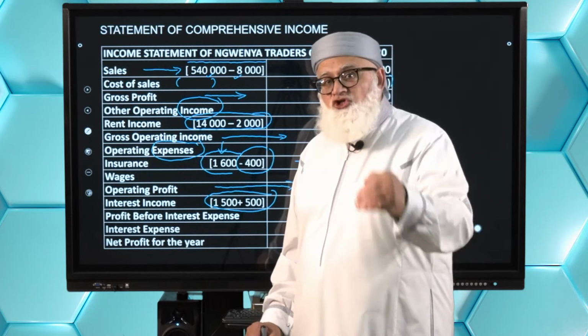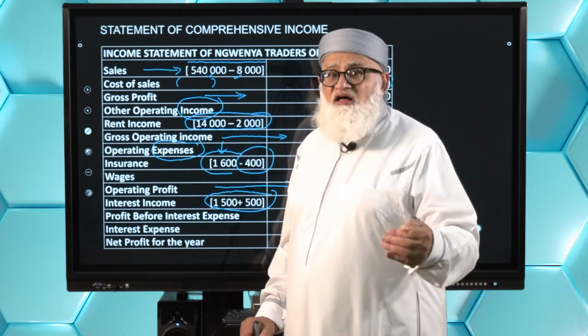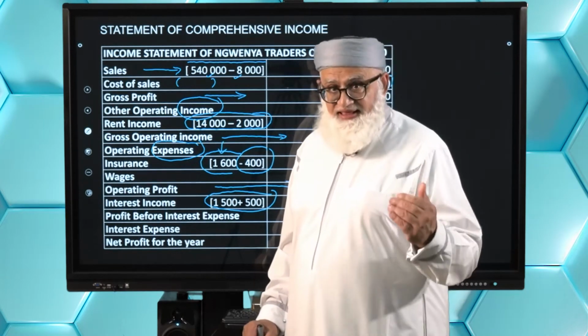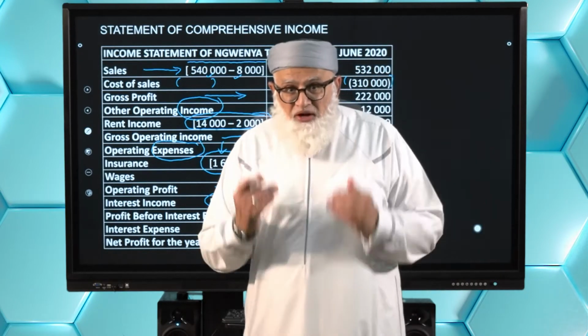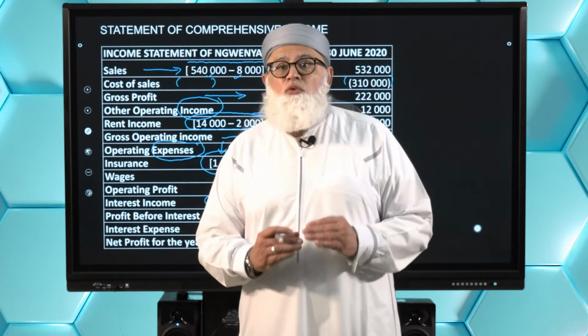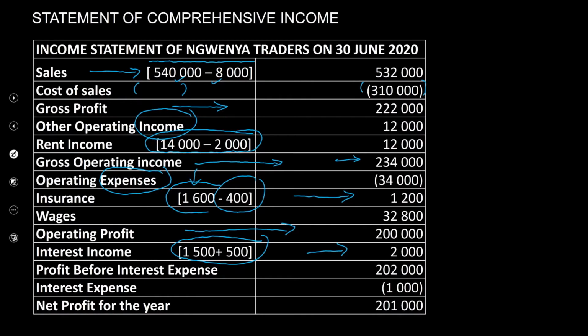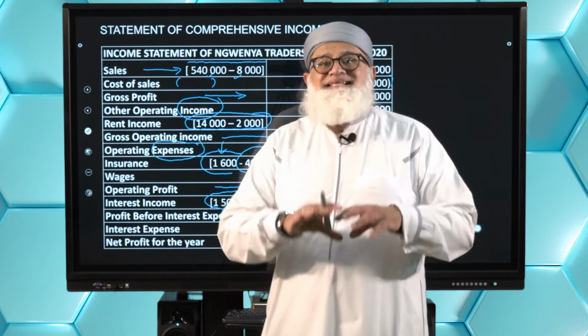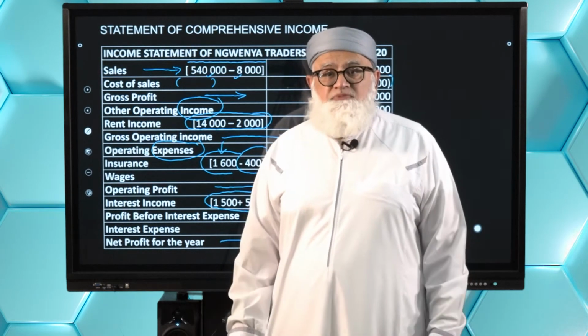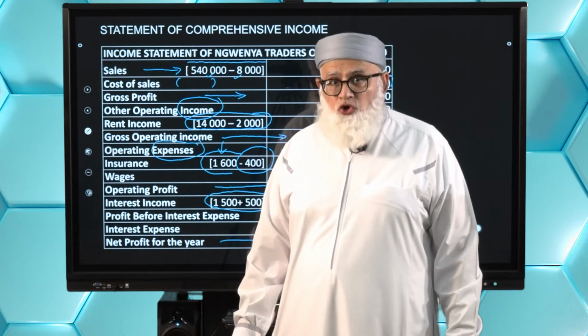Remember, they are not operating expenses, they are financing expenses, and therefore they are always shown separately. Then you subtract your interest expense, and that gives you your net profit for the year. So what you have seen here is basically a summary of what a statement of comprehensive income looks like.